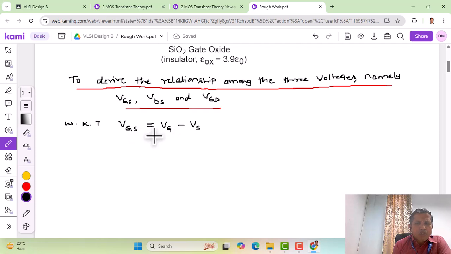Now this equation can be rewritten as VS equals, transferring VGS to the right hand side, VG minus VGS. Let us call this equation 1.